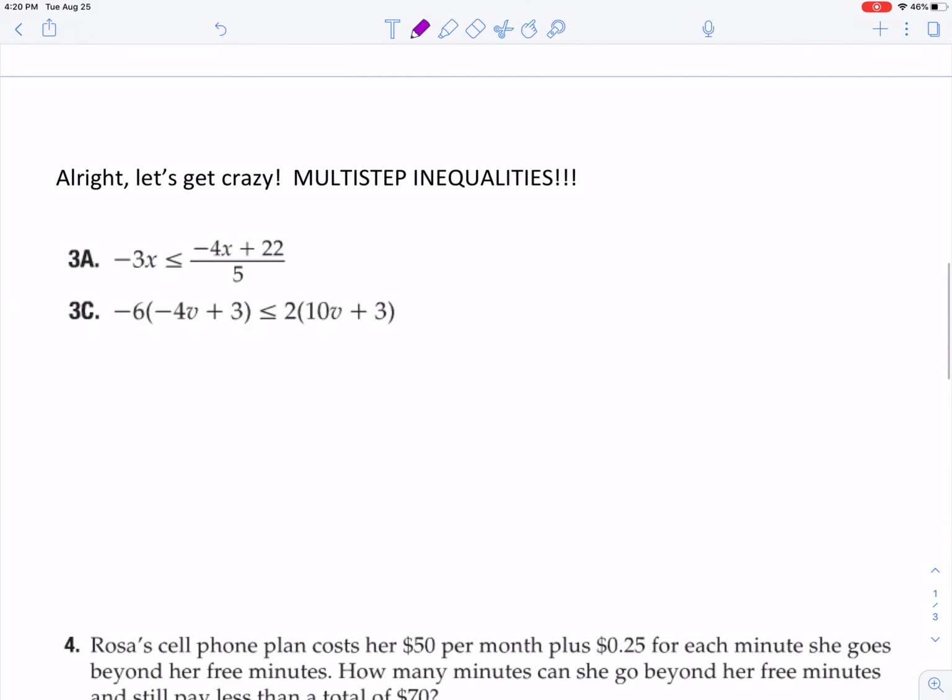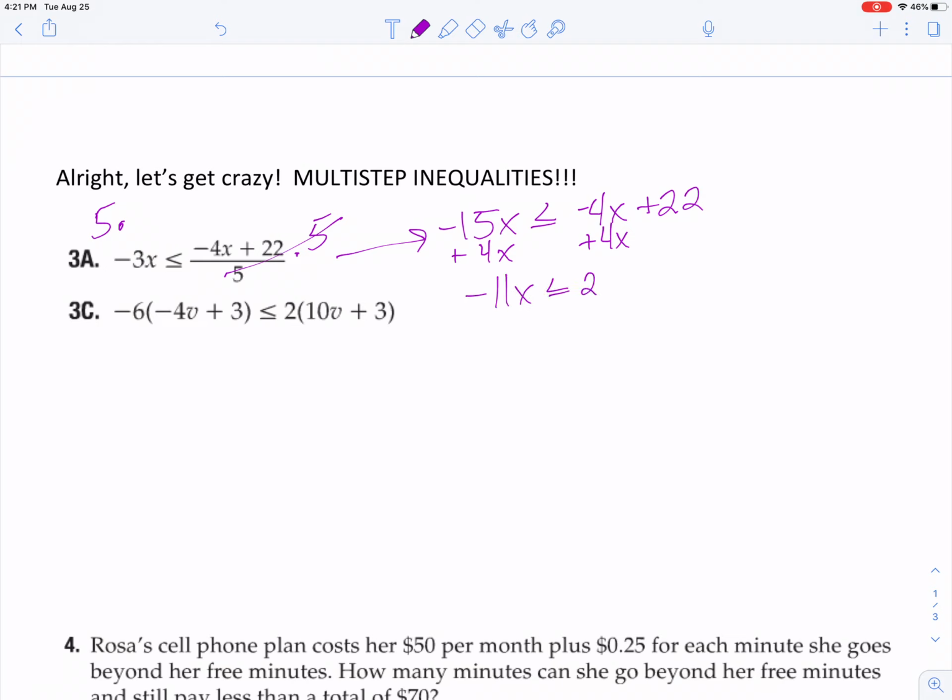Okay, we can go crazy. Let's do some multi-steppers. If I multiply both sides by 5, my 5's will cancel. And now I have negative 15x is less than or equal to negative 4x plus 22. If I add 4x to both sides, that's going to give me negative 11x is less than or equal to 22.